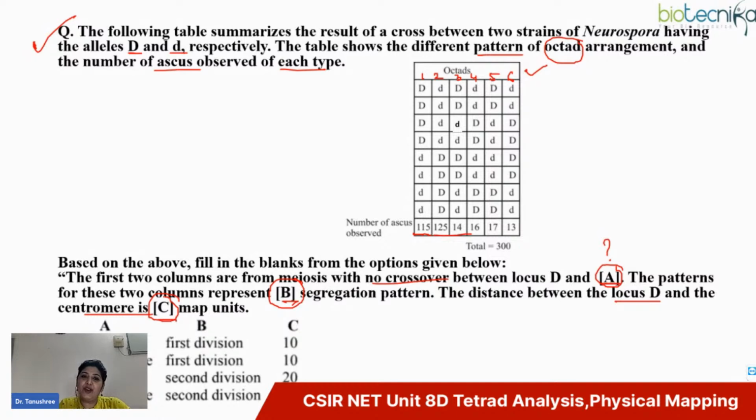So just see, in one question, they have asked you everything. They have asked you about the recombination frequency, right? Based on that, you can calculate the distance. So you have to recall the formula. Your concept regarding when meiosis 1 or meiosis 2 segregation happens, you have to recall that concept here. So think about it and answer the question.